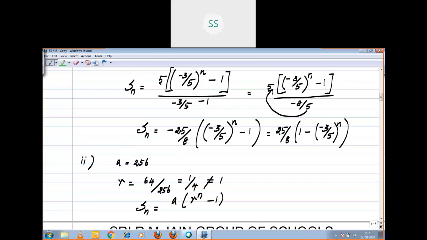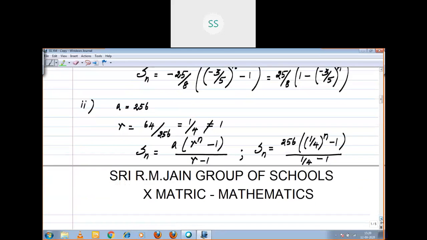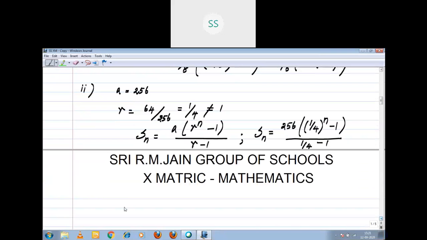Now Sn equal to A into R power n minus 1 divided by R minus 1. The formula on and off you have to recall children, then only it will be registered in your mind. A is 256, R is 1 by 4, the whole power n minus 1 divided by 1 by 4 minus 1.